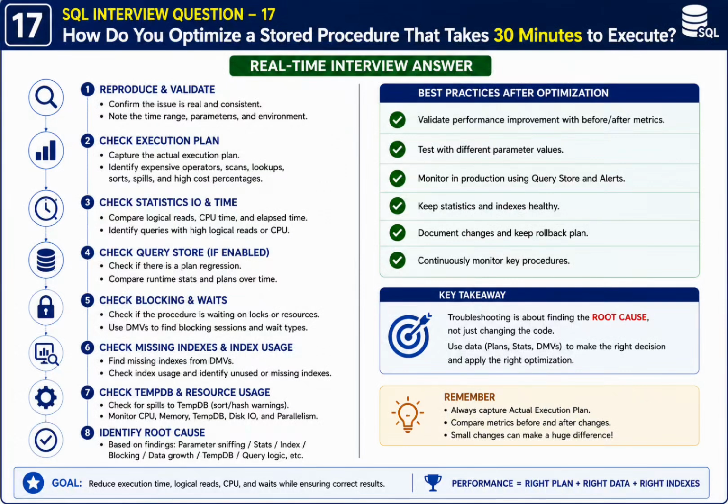Next, I capture statistics IO and time to measure logical reads, CPU and elapsed time. Then I compare execution plans using Query Store, and check DMVs for blocking, waits and resource usage. I verify whether statistics or indexes need updating and investigate parameter sniffing if applicable. Only after identifying the actual root cause do I implement the appropriate optimization and compare the performance before and after the change.